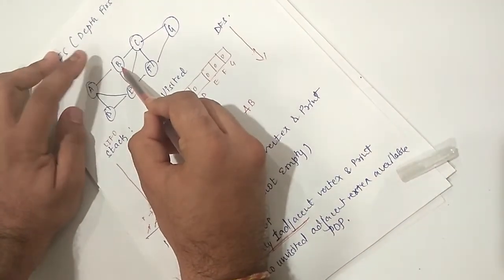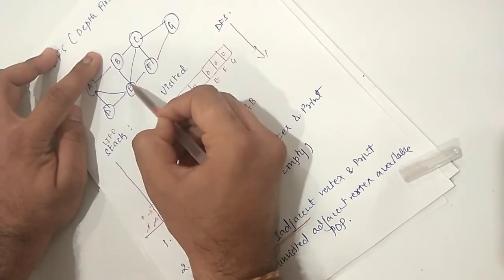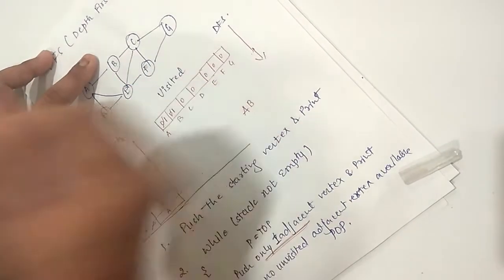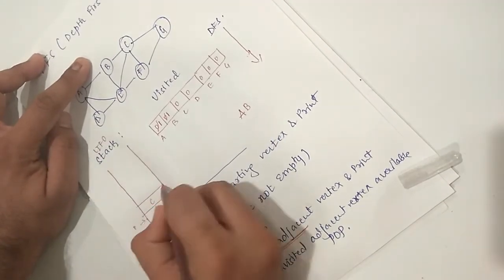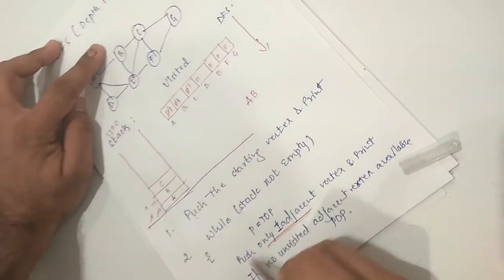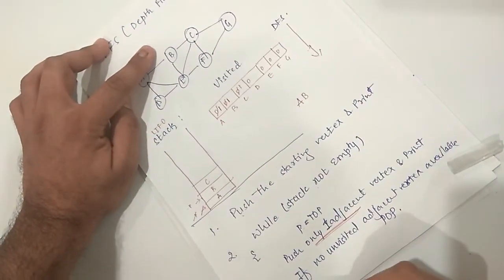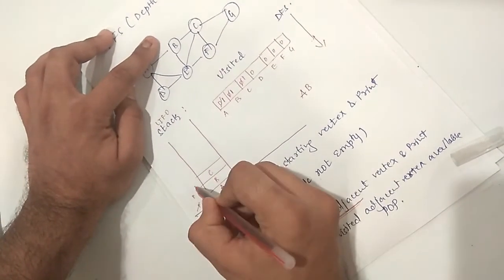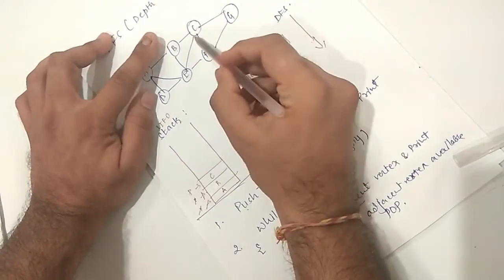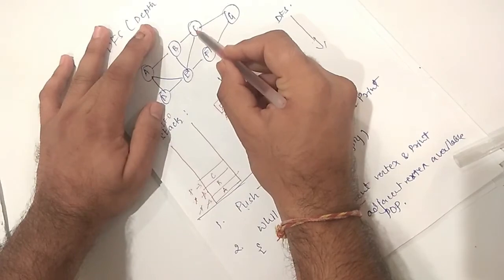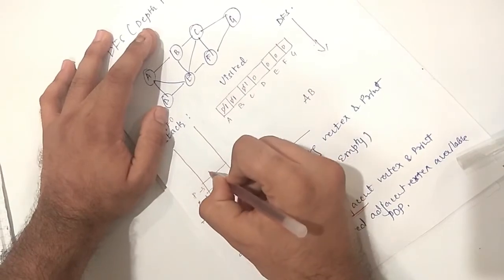So for B, the adjacent vertices are A, E and C. Now you can pick an unvisited vertex, that is either from C and E. So the unvisited adjacent vertex, let us say that I am pushing C. Next, if no unvisited vertex, so there are many unvisited vertex, so this step will not work. Again this becomes top of the stack. Push only one adjacent vertex and print. So now the adjacent vertex are B, E, F and G. You can push any of them. Let us say that I am pushing G.